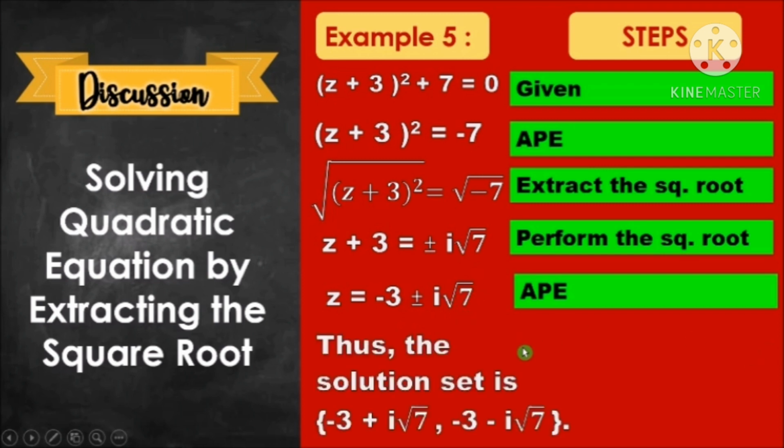Na kung saan, para maipakita natin na dalawa ang ating naging sagot, the solution set is negative 3 + i square root of 7 and negative 3 - i square root of 7. Pero, ang sagot natin na z is equal to negative 3 plus minus i square root of 7 ay pwede na natin ibigay as the final answer. Didepende lamang ito sa pagpipilian natin sa exam.